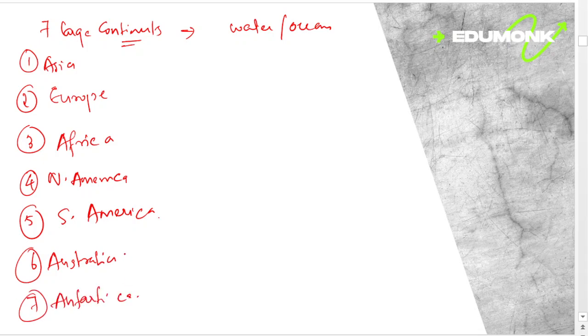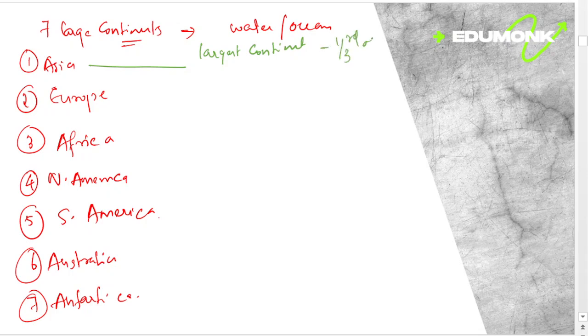Okay, Asia is the largest continent in the world, which has 1 by 3rd of the total land area of the earth.